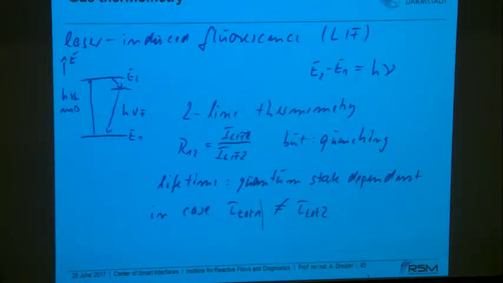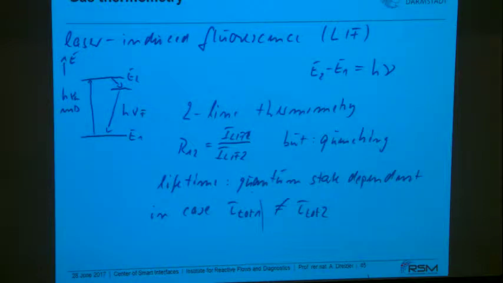Having 2 of them is already quite expensive, because you need tunable lasers to excite the transition of a small molecule like OH or NO. Of course, you could in principle do it with 3 or 4 lasers, but that is typically not affordable.